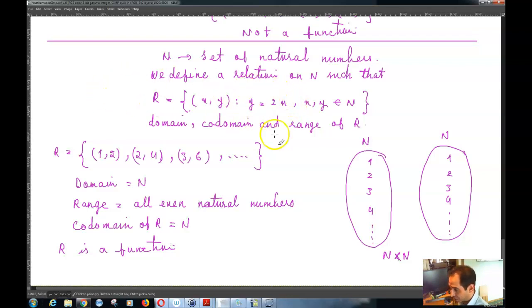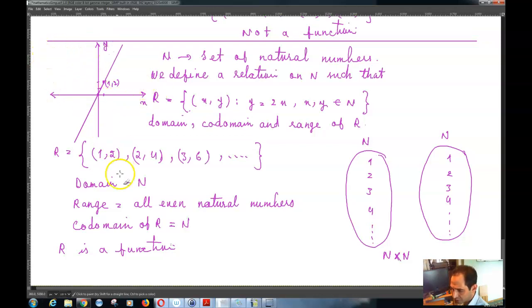The graph of this function would be this line over here, going through the origin and going through this point 1, 2. Of course, this is the x-axis and this is the y-axis.